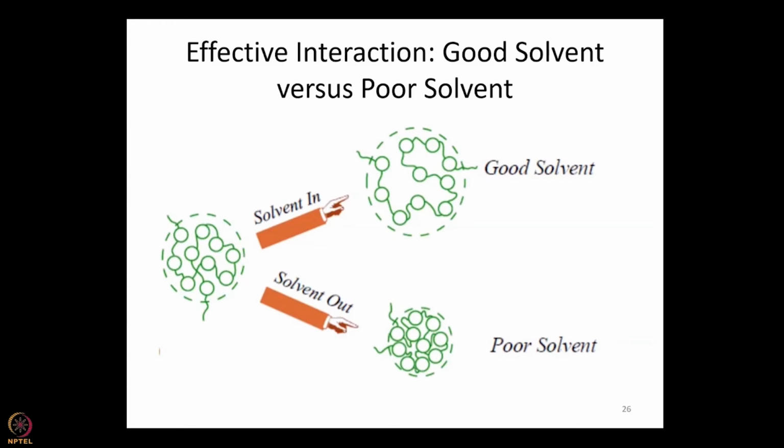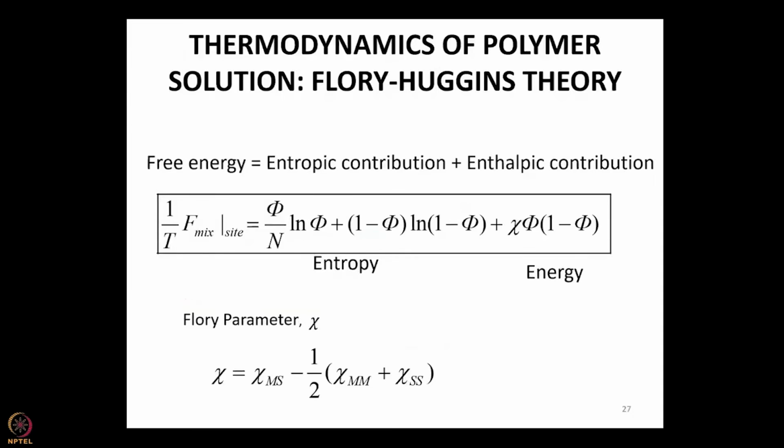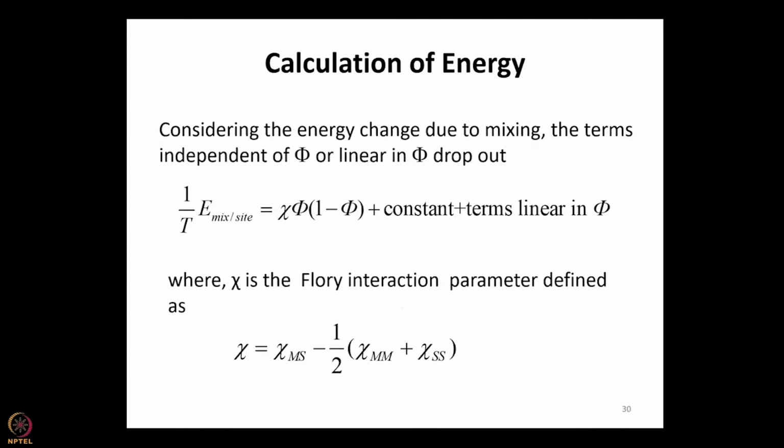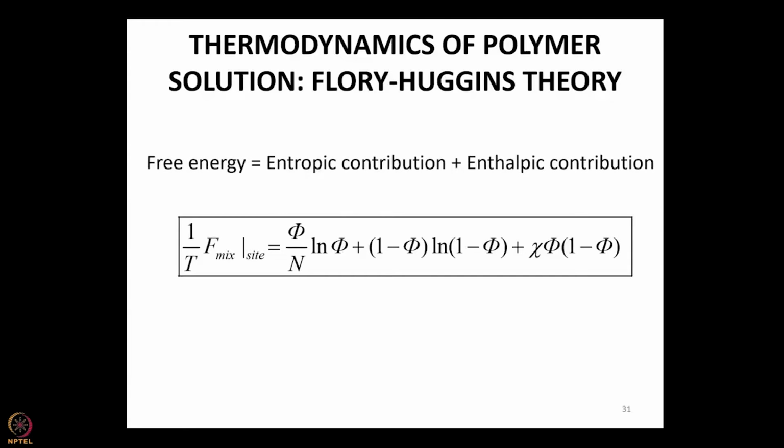In the good solvent chi is negative, but when it crosses over to poor solvent, chi is positive. This is exactly the thing you get from the free energy, and then you find the size, and there is a crossover in the size depending on the value of chi. This free energy essentially embodies the thermodynamics of polymer solution and Flory-Huggins theory.